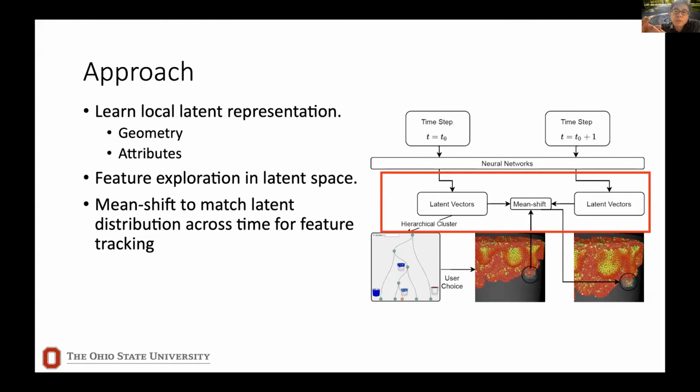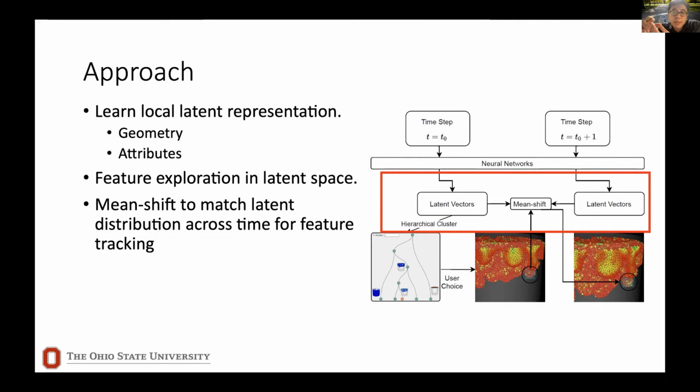Feature tracking of particles is not necessarily trivial because you do not know how many particles to include to define a feature. Also, there are too many particles and too many attributes to look at. So now we're able to consider, for every particle, a local neighborhood that simultaneously captures the geometry and attribute information into small dimensions represented as a vector.